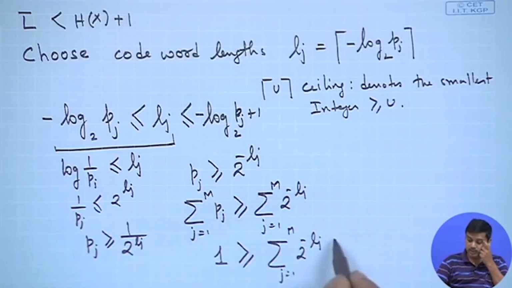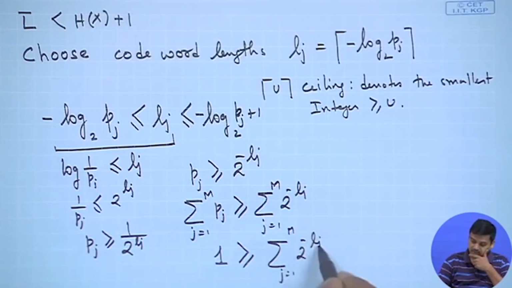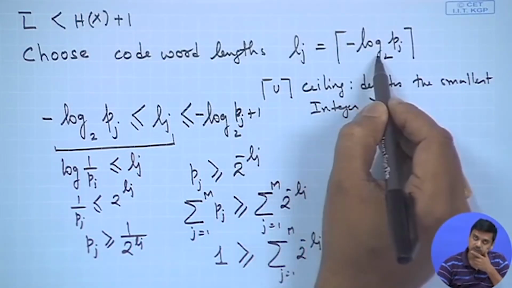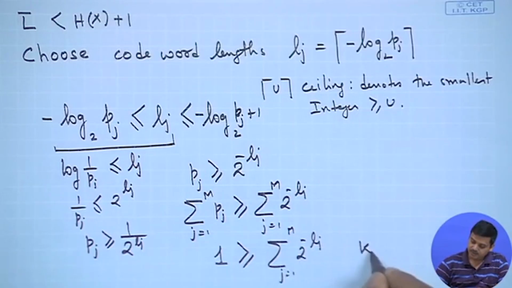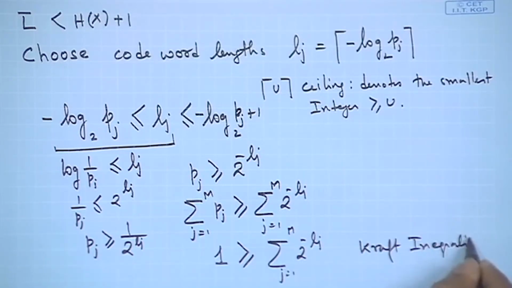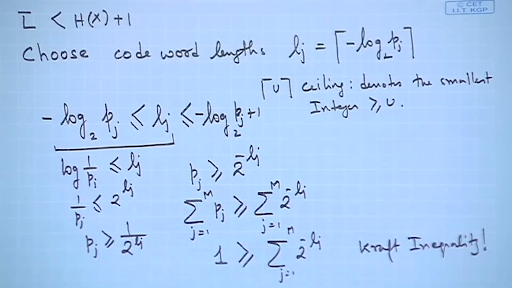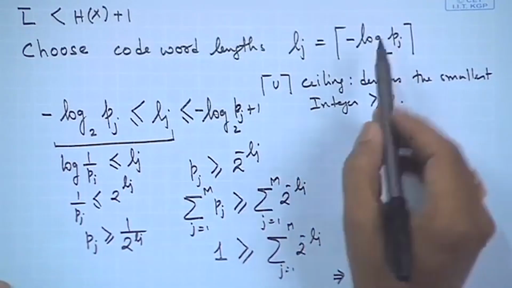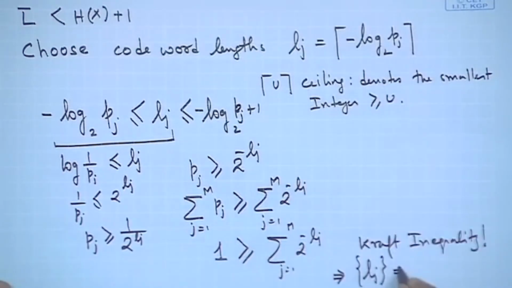So, what it shows is that these code word lengths, if chosen according to this, satisfy the Kraft inequality. Now, since it satisfies the Kraft inequality, what it implies is that this set of lengths that we have started with can construct prefix free code words.